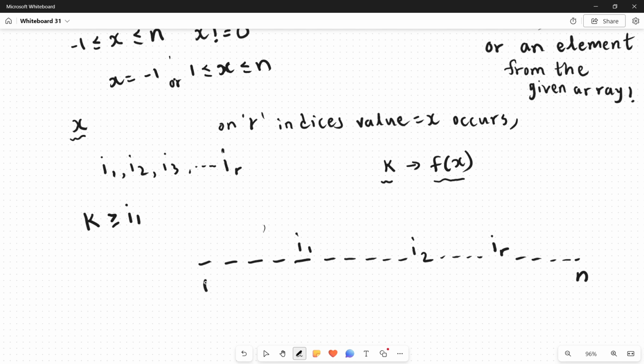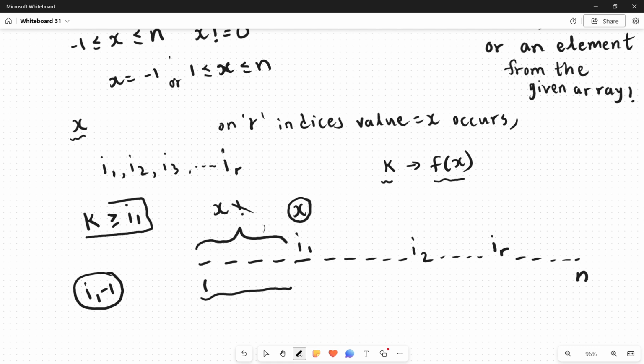So if my answer is x and it appears the first time here, and my k is less than i1, suppose it is i1 minus 1, then when I choose this segment, my x is not occurring in this segment. So my k should be greater than or equal to i1.